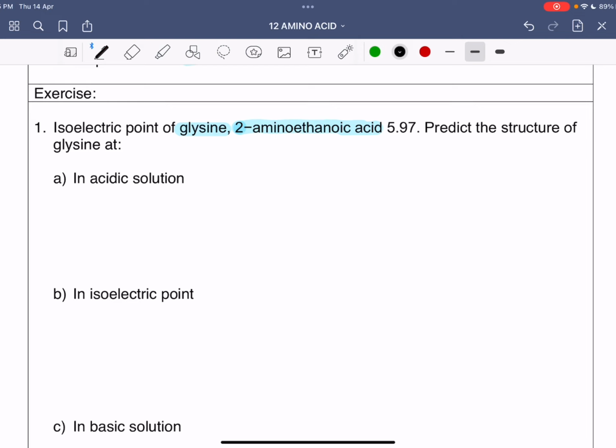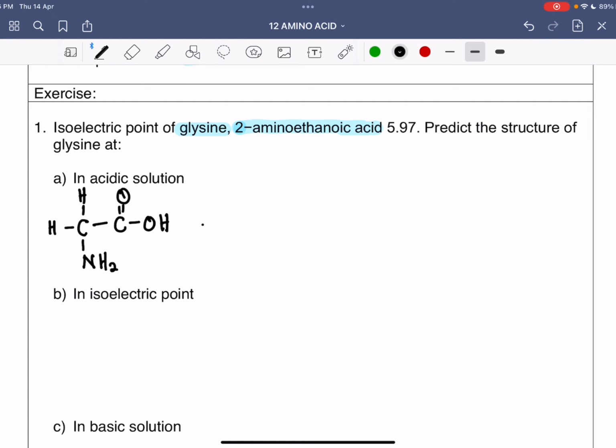So, 2-amino acid, we have ethanoic acid, CH2, NH2, C double bond O, OH.